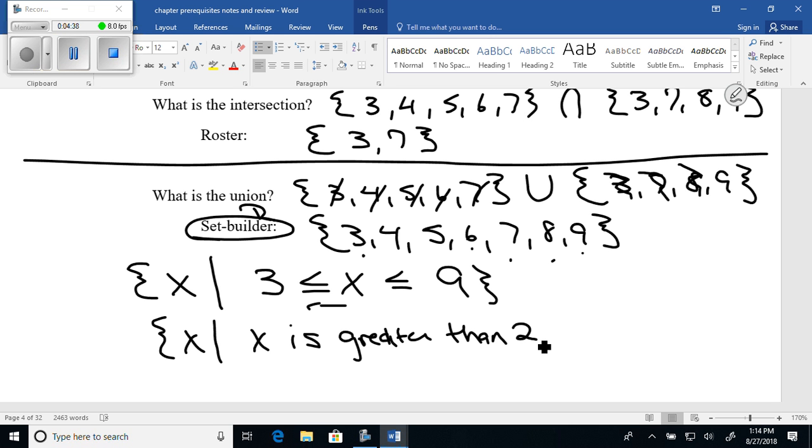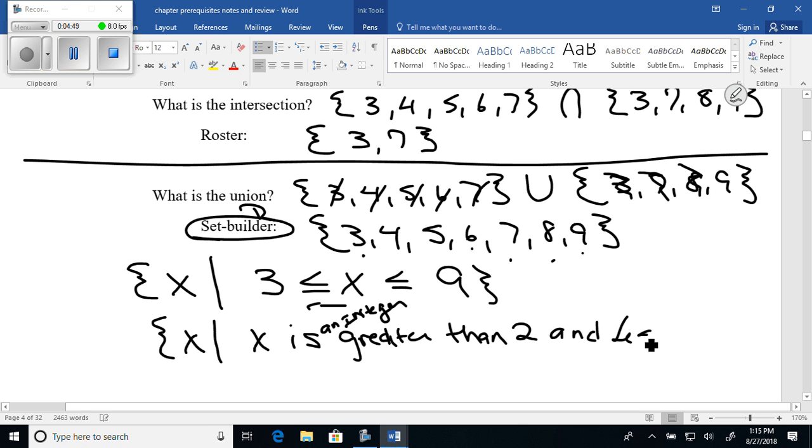I should have said X is an integer. Greater than 2 and less than 10.